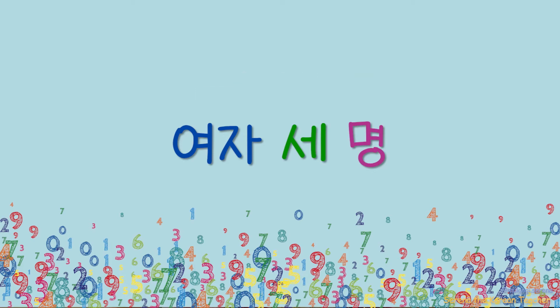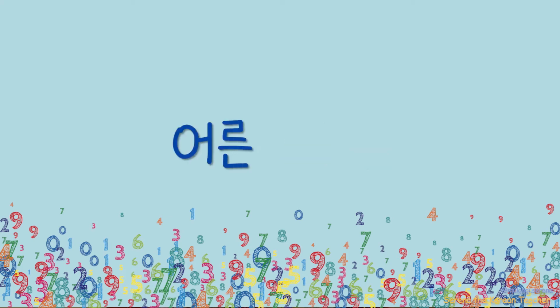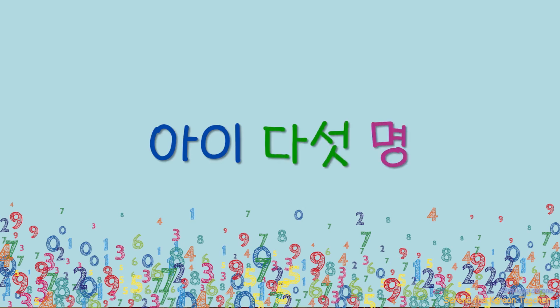And what about four adults? 어른? Yes, 어른 is adult in Korean, so 어른 네 명. What about kid? Five children. 아이 is the word, so 아이 다섯 명.